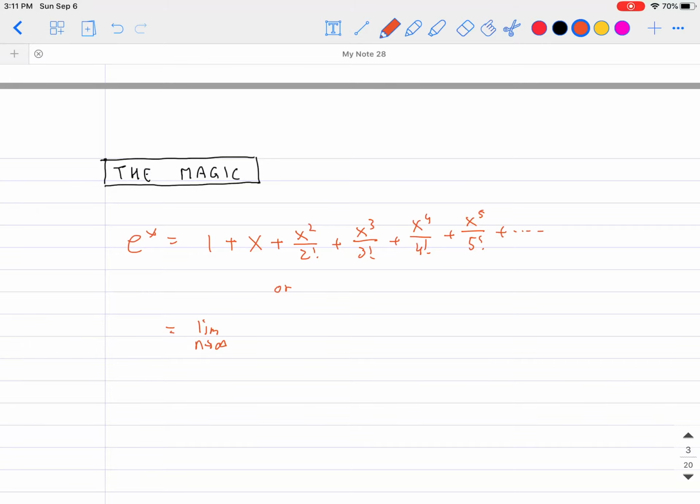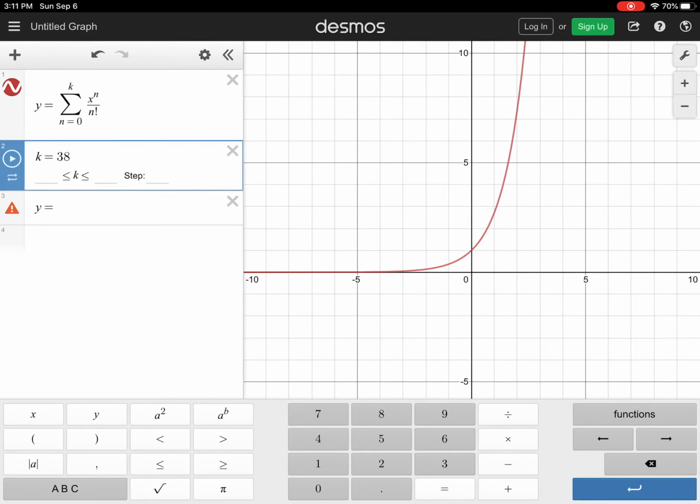Or if you want, you can write it as the limit as k approaches infinity of the summation starting from n equals 0 to k of x to the n divided by n factorial. Let me go ahead and change that. And let's just verify one more time, going back to decimals.